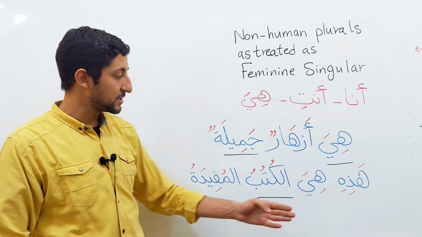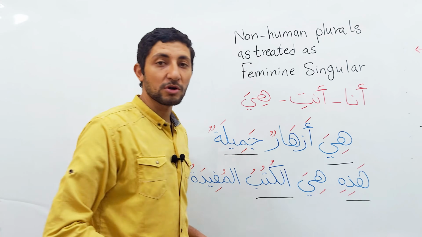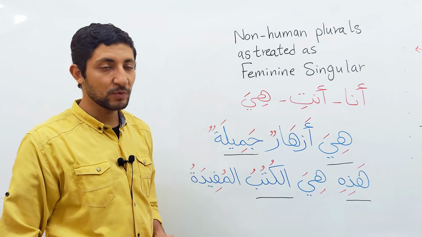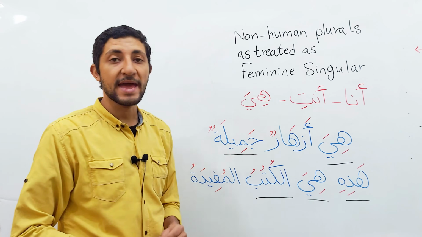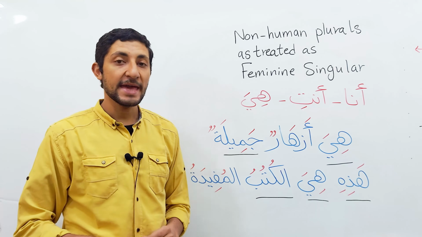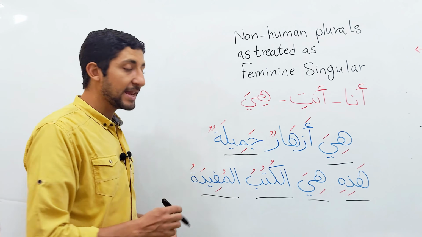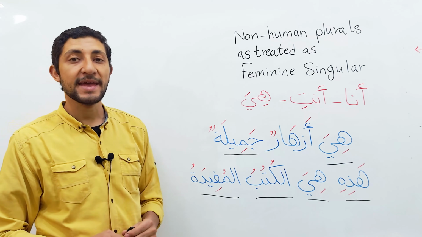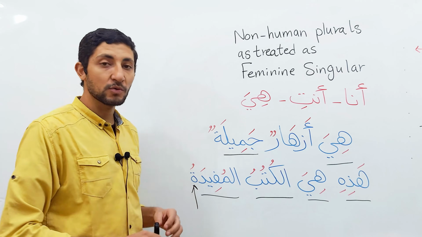So as you see, we choose the demonstrative noun for feminine singular, هذه. We didn't say هؤلاء. And we choose the pronoun as feminine singular, هي. We didn't say هم. And also the adjective المفيدة, we choose it as feminine singular. As you can see, it ends with تاء مربوطة.